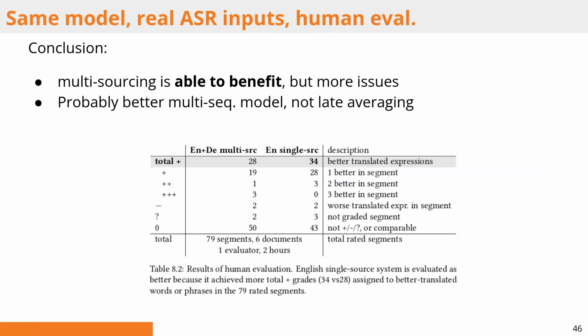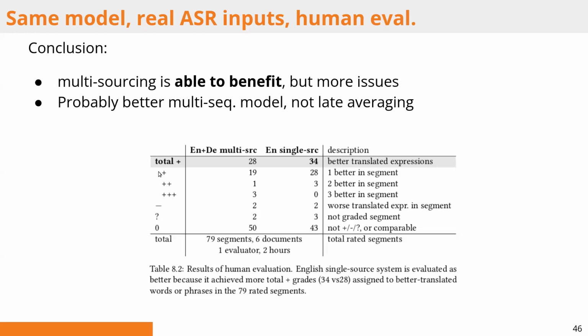And next, in another chapter in the dissertation, we use the same model, but with real ASR outputs. We had the real ASR outputs from the top performing ASR systems, so the best one that we found for English and the best one that we found for German. And we performed human evaluation, and the results are here.